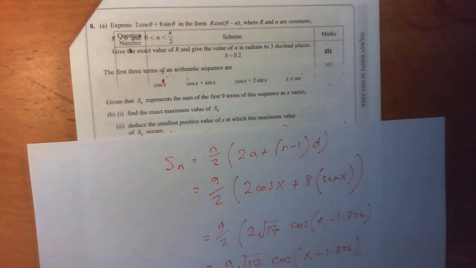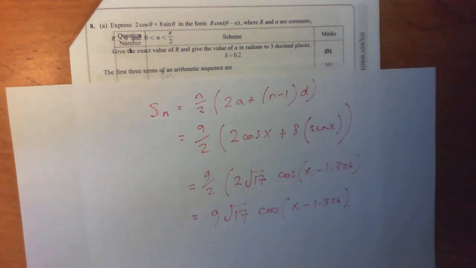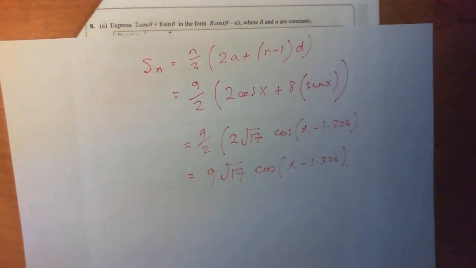So it says deduce the smallest possible value of x at which this maximum value of S9 occurs. Well, sorry, I'm getting ahead of myself here because that's not the actual answer, is it?